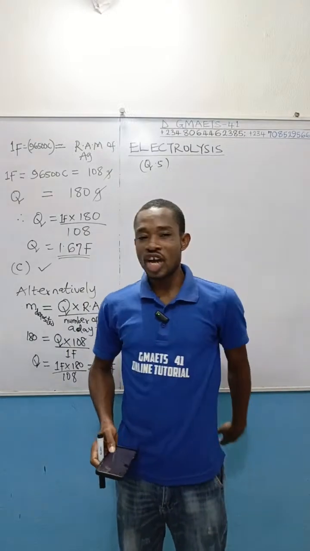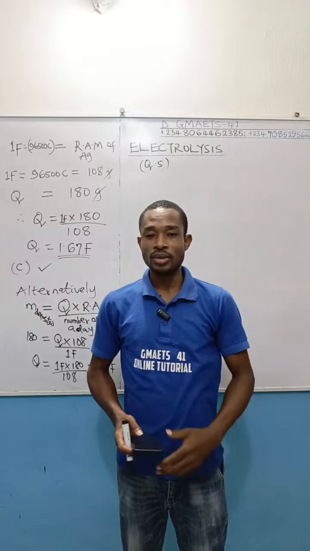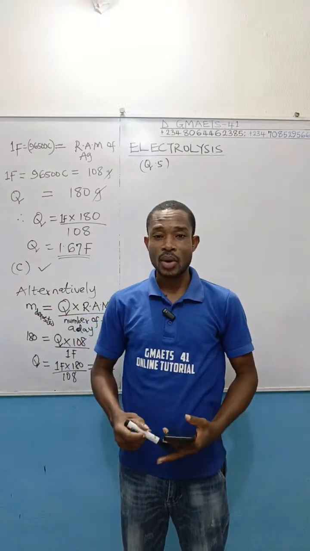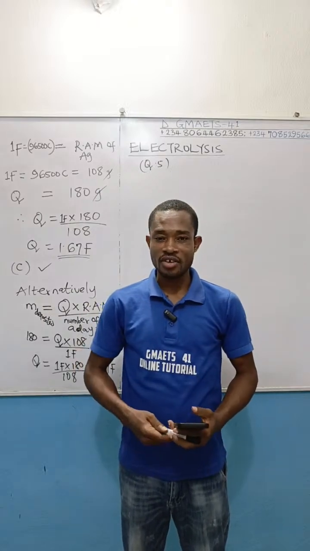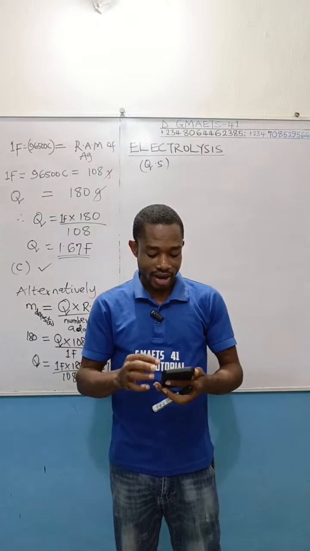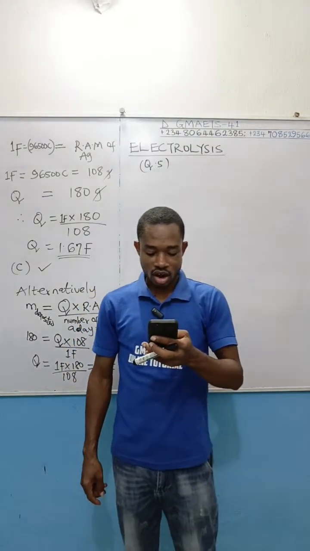You can check that chart that I dropped for you guys, I think 2-3 weeks ago. And we also analyzed that chart in our last chemistry physical class. I taught you how you make use of it. Are you following? Yeah, so that's the correct answer, that hydrogen is given off at the cathode.